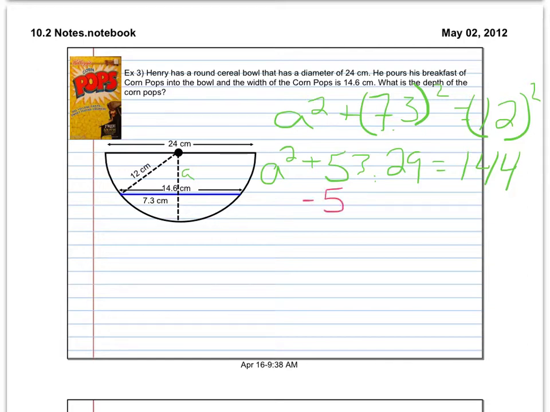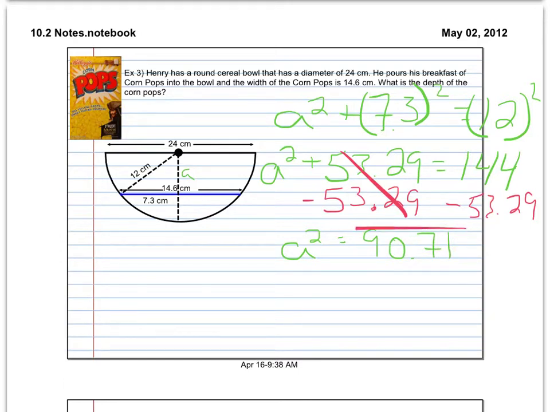Subtract 53.29 from each side. So of course it cancels, leaving A squared equal to 90.71. Square root leaves you with the height of the triangle of 9.5 centimeters.